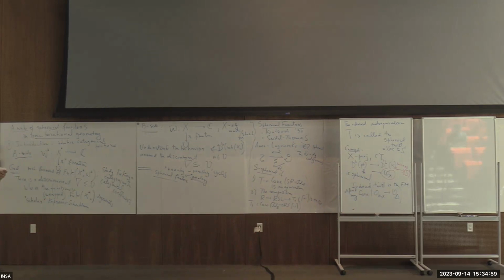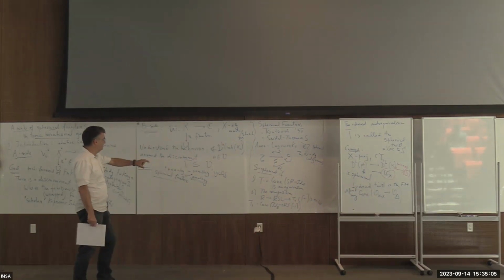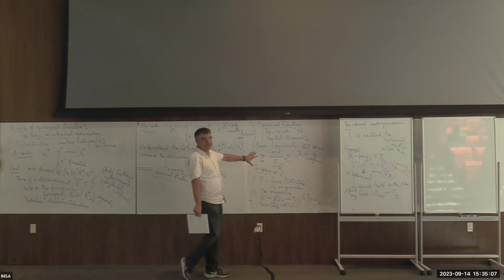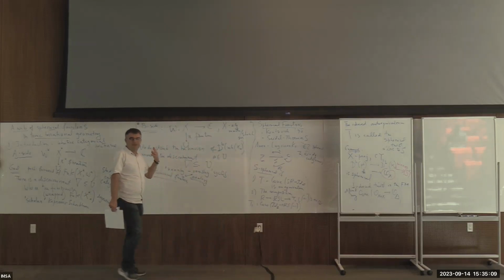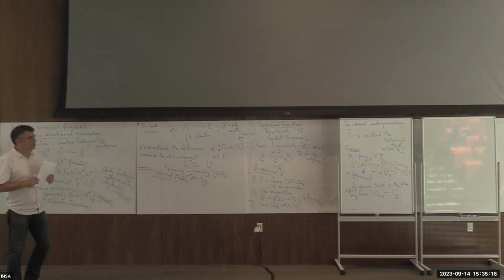Okay, so what do I want to do? As I said, one of the actors in the story is this spherical functor. It's still not clear at all what the connection is with birational geometry.